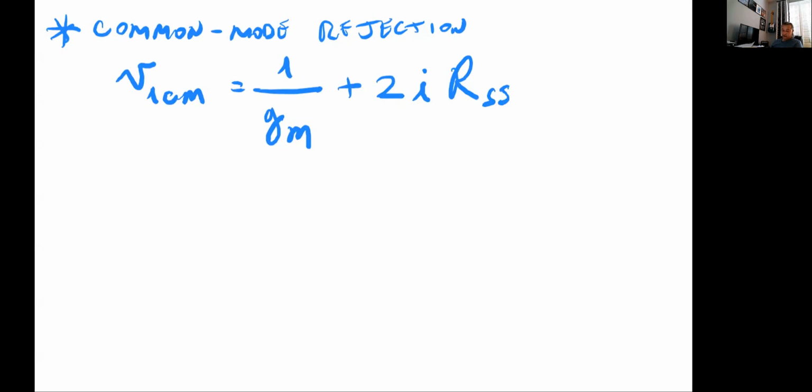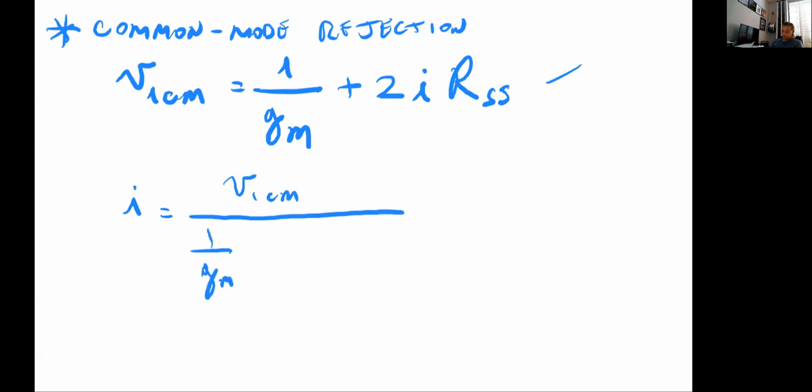Then the next thing that I can do is solve for the current that is due to this common mode input voltage. So from this equation here, that current is the common mode input voltage divided by 1 over GM plus 2 RSS, that resistance seen at the sources.